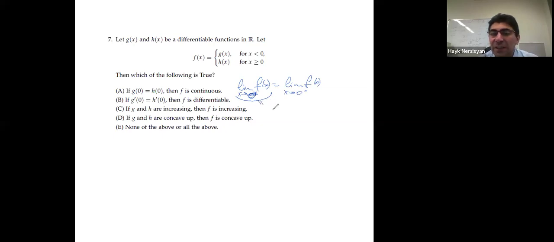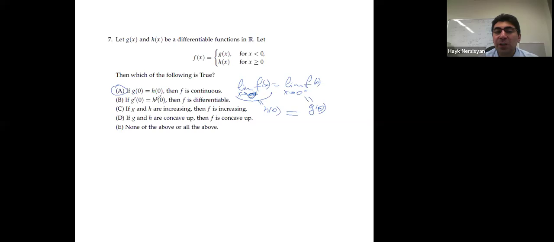So we can say this limit is nothing else than h0. The same from the left side, our function f is defined as gx, and the limit of g equals to the value of g because g is continuous. Why g is continuous? Because it's differentiable. And if we know that h0 equals to g0, so we have continuity. It seems we found the correct answer. But let's discuss the remaining ones.